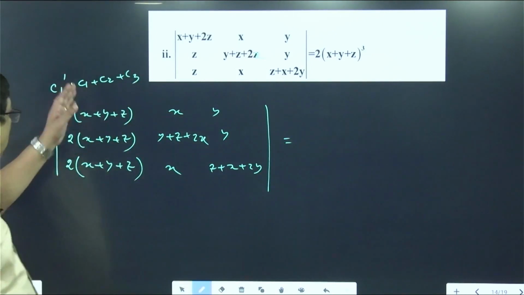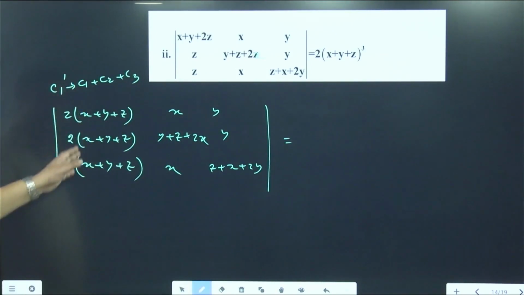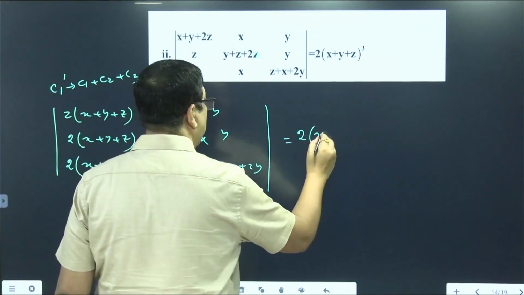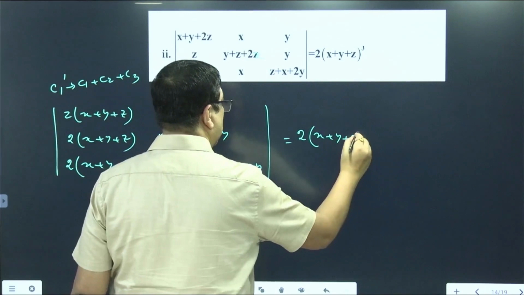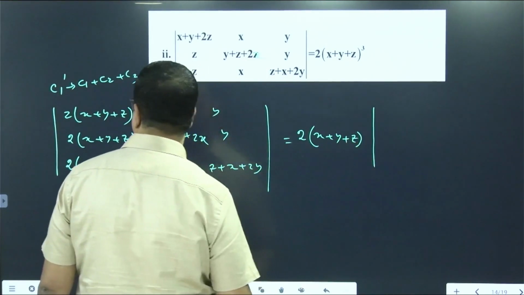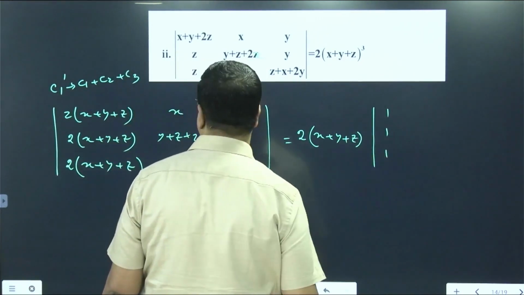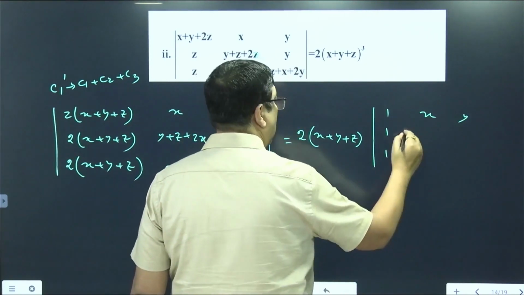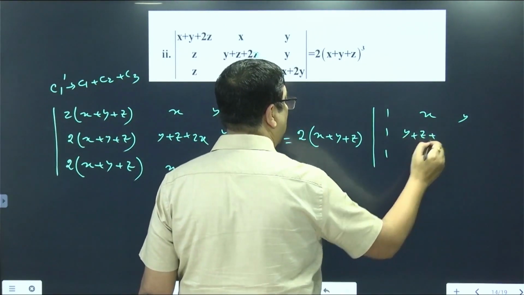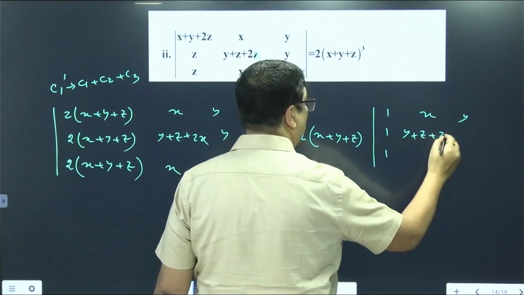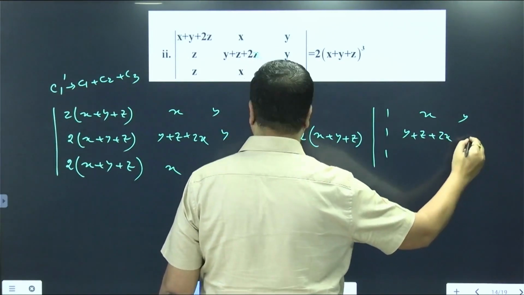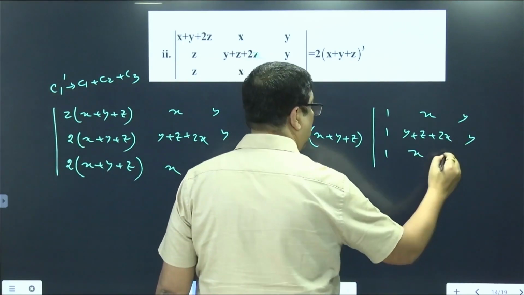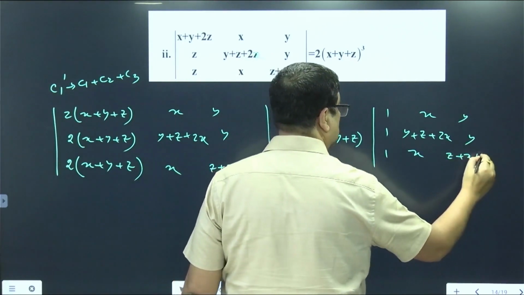From column number 1, if we take 2 into x plus y plus z common, we are getting here 1 1 1, x, y, y plus z plus 2x, this is y, and here it is coming x, same as the previous sum, z plus x plus 2y.